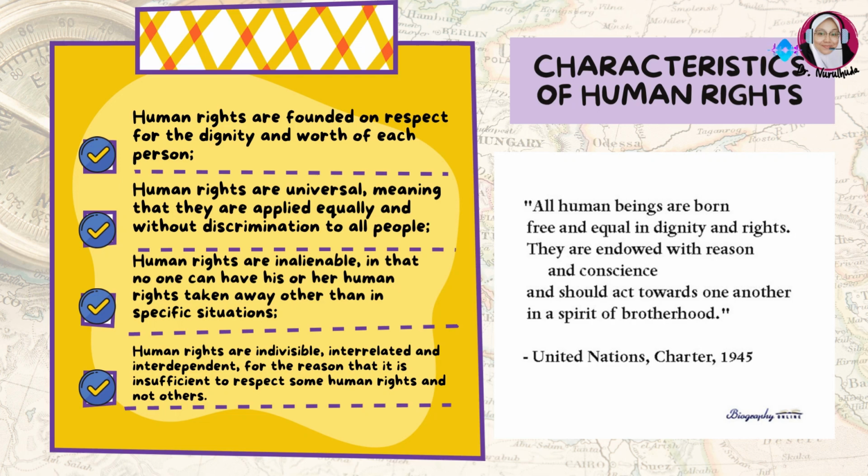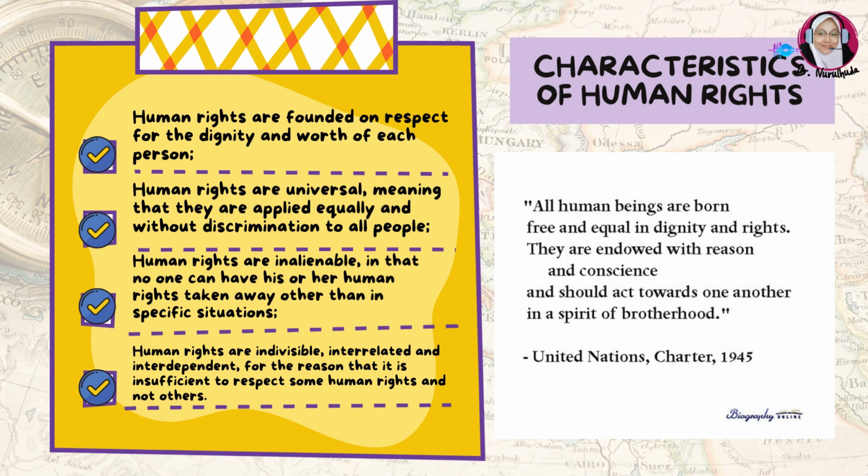So what are the characteristics of human rights? According to the United Nations Charter 1945, all human beings are born free and equal in dignity and rights. They are endowed with reason and conscience and should act towards one another in a spirit of brotherhood. So basically, human rights are founded on respect for the dignity and worth of each person.